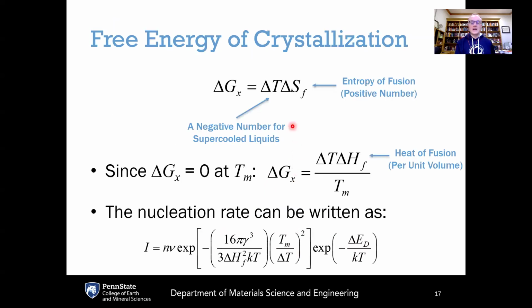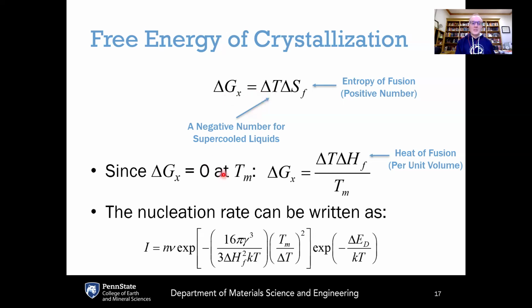So if we write that as delta T, so T minus Tm is delta T, and then the entropy difference is delta S sub F, the entropy of fusion, then the overall change of free energy with respect to nucleus formation is just the product of those two factors, the delta T times delta S.